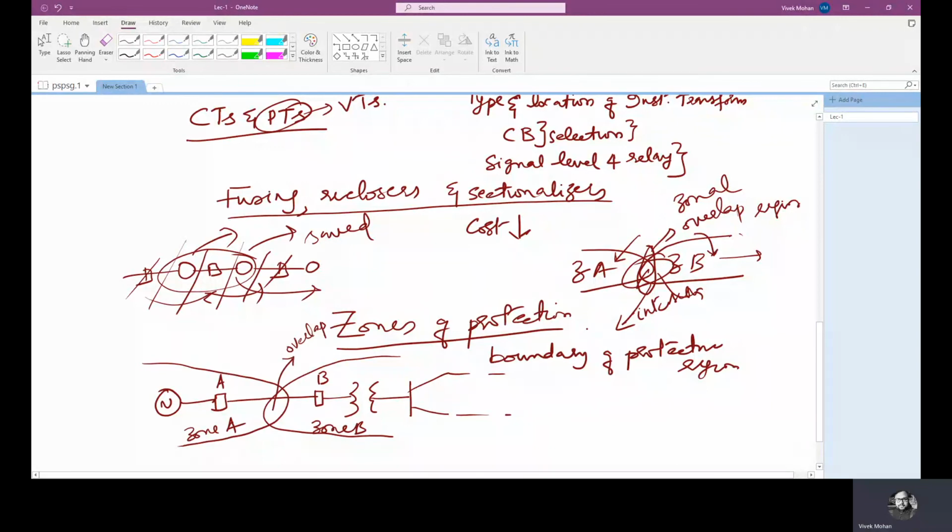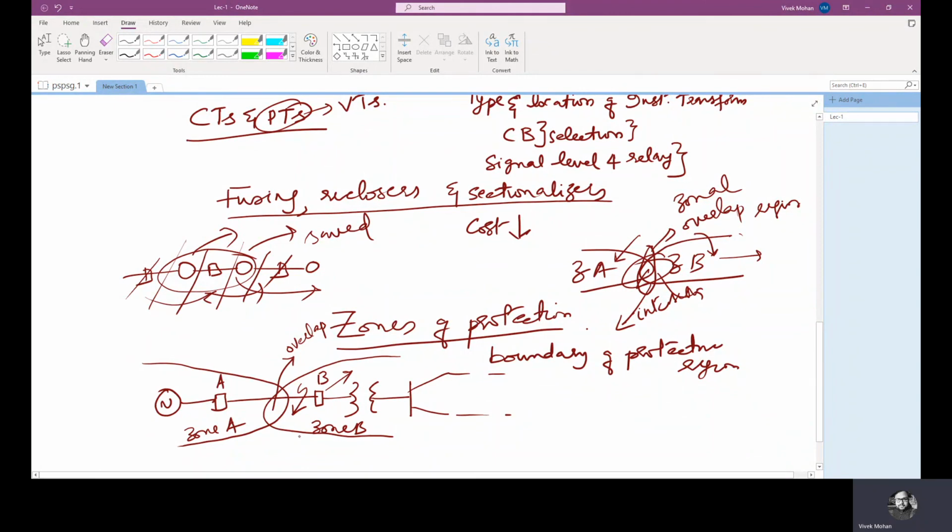Now if you have a fault here to the immediate left side of circuit breaker B, in that case, which circuit breaker will trip? This is in the zone of circuit breaker B, right? So circuit breaker B will trip. Now, even though this circuit breaker trips, the problem here is the fault is on the left side, so the generator feeds the fault current.